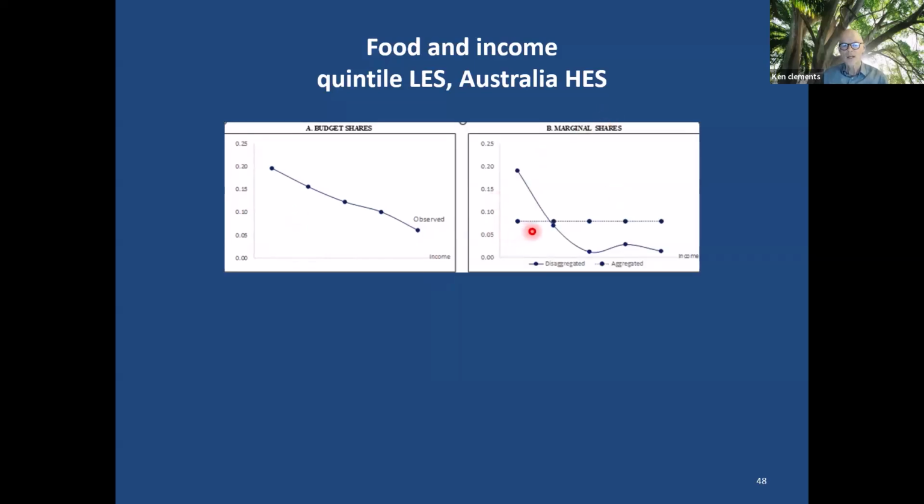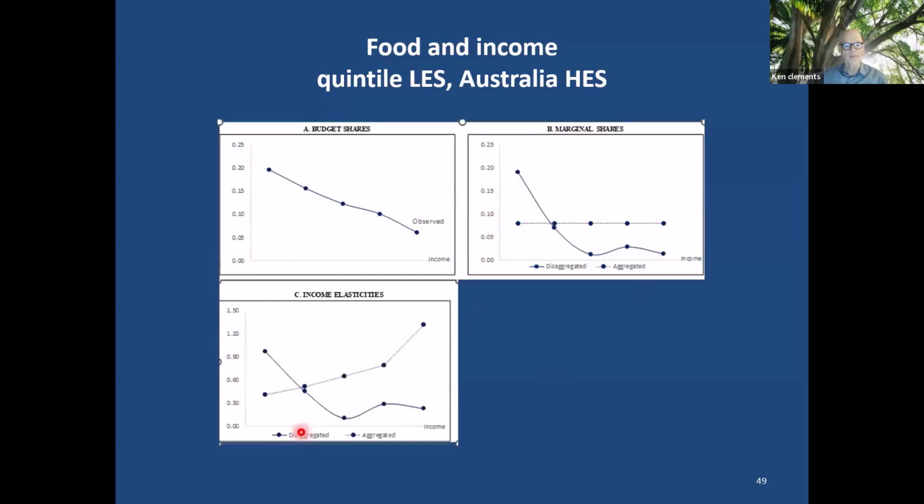Here's the marginal share. The marginal share is constant if we have one LES for all of the income earners, whereas here's the marginal share quintile by quintile. It slopes down as opposed to being the same.